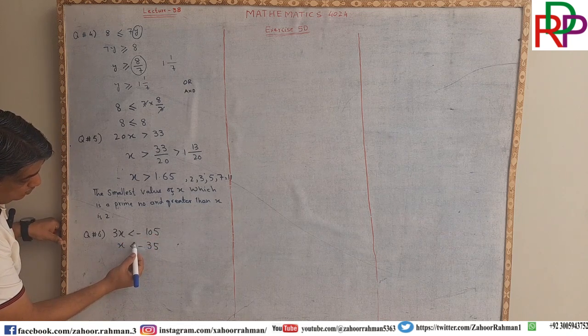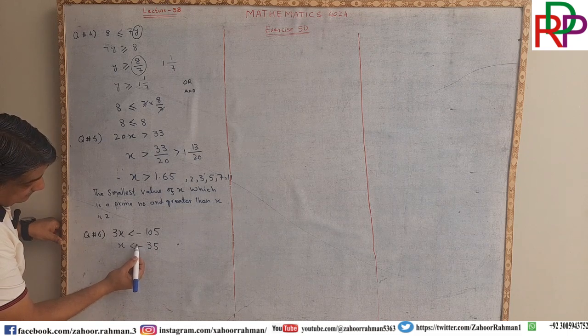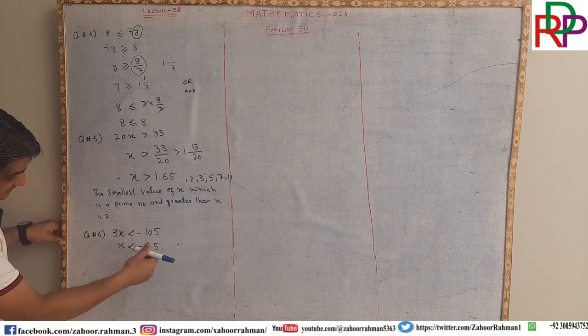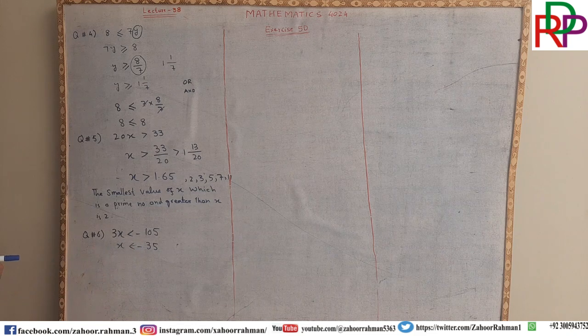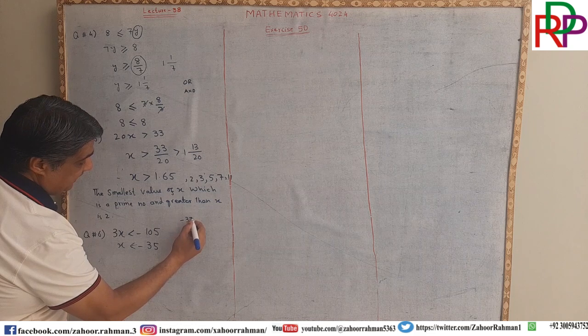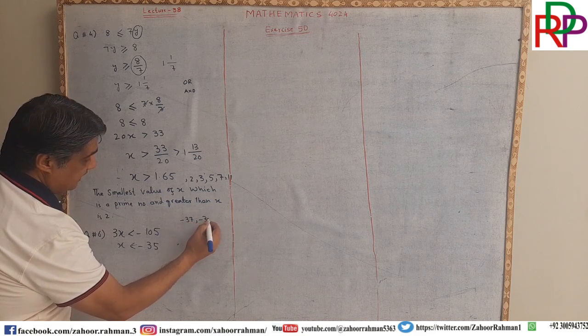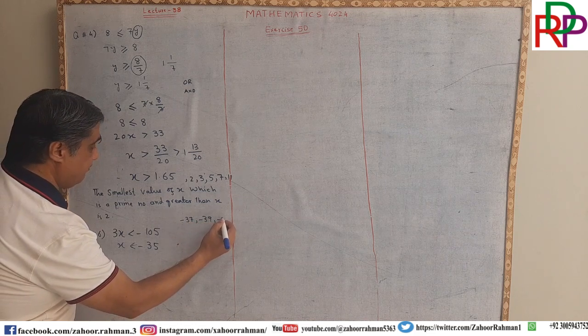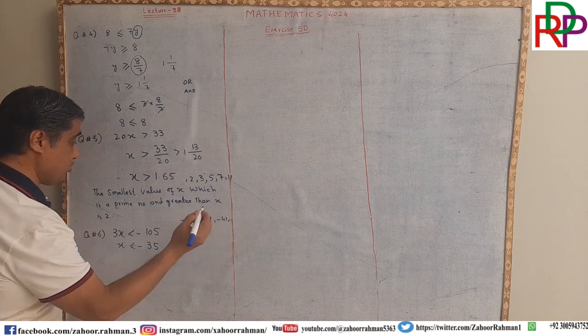Ladies and gentlemen, I told you yesterday that this shows in which direction you have to go. So in this direction we are going: minus 37, minus 39, minus 41, and so on.